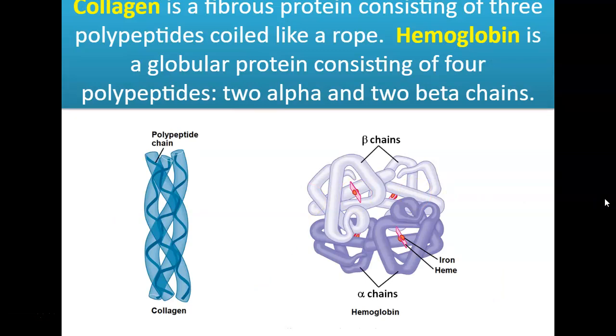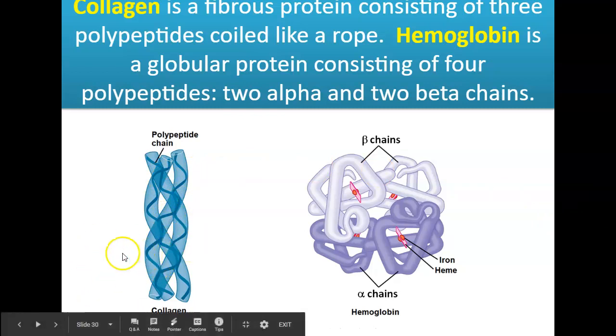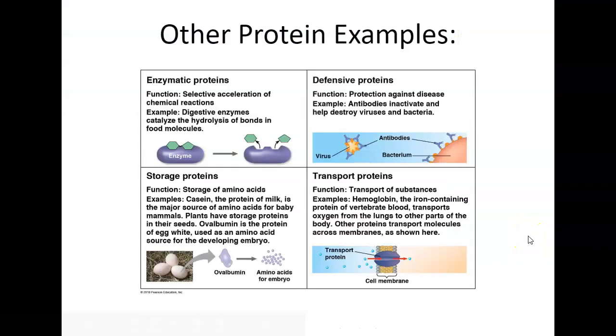Another example, as shown on the left here, is collagen. This is three different proteins that are joined together kind of like a twisted rope, and then the hemoglobin one I had mentioned. Other examples of proteins that are going to be super important throughout this course: enzymes are proteins, so they are responsible for speeding up chemical reactions without getting used up.